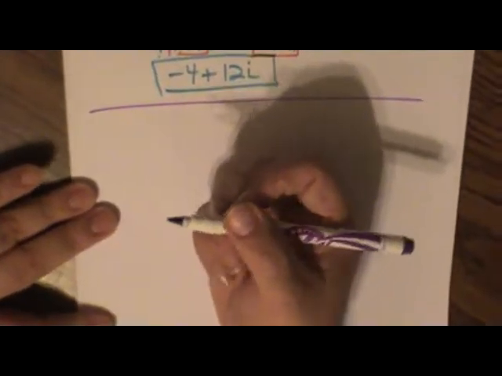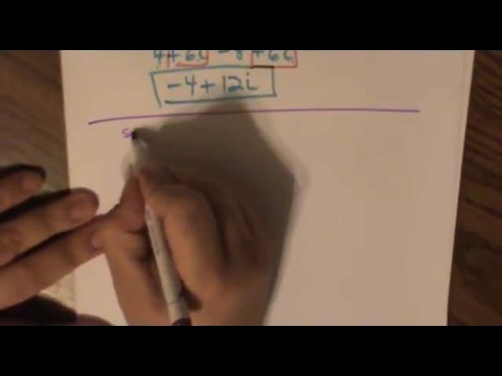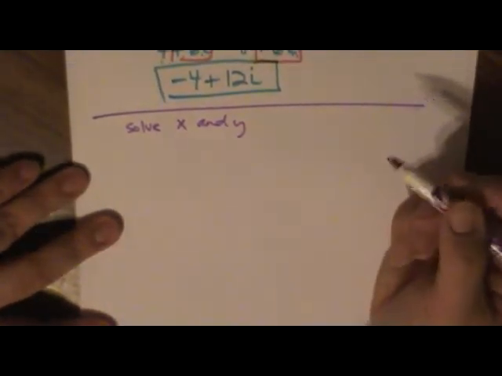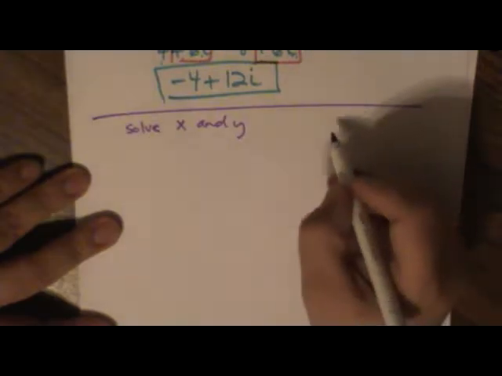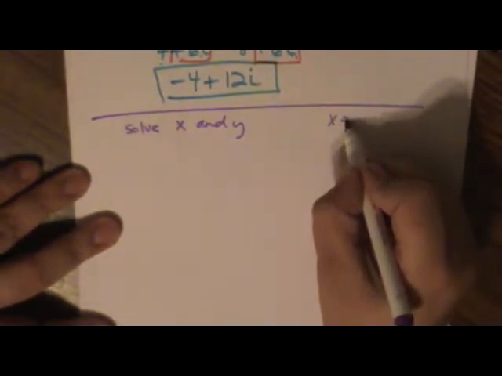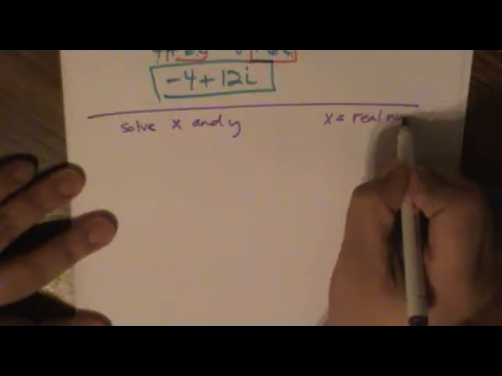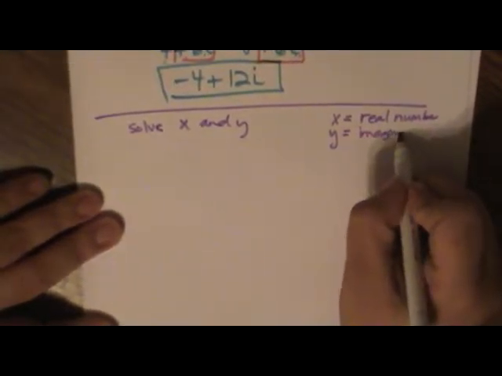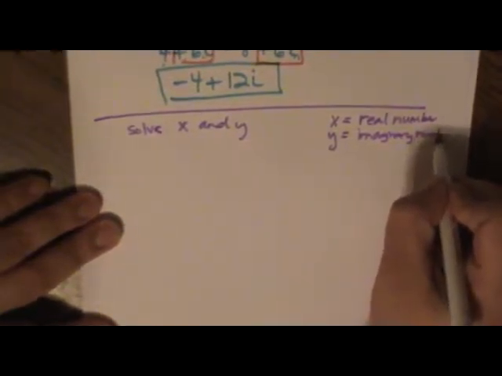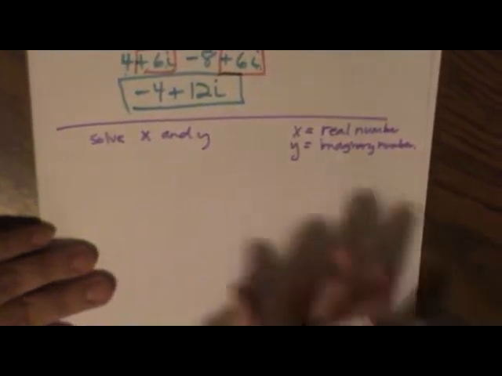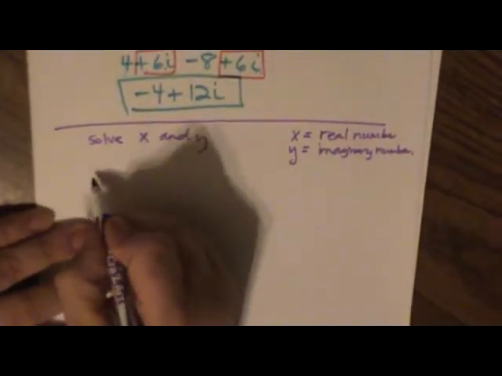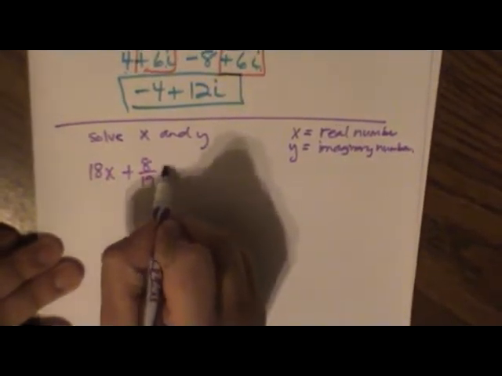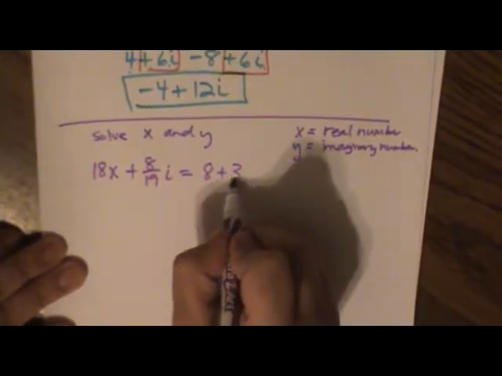Okay, now we're going to actually get into an equation. It's asking us to solve for x and y. What you need to remember is x stands for our real numbers. Our y always stands for our imaginary numbers. That makes it a lot easier. So here's our equation. We have 18x plus 8 over 19i equals 8 plus 3yi.